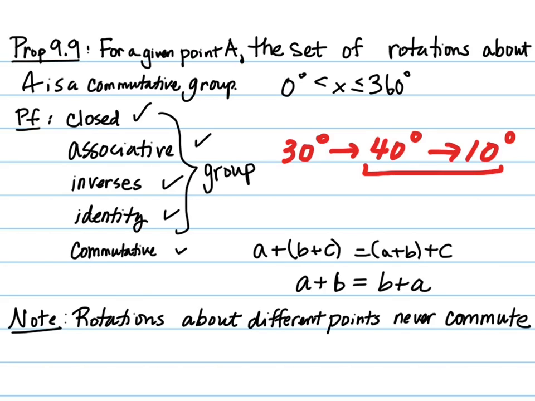It's unique that, as we talked about on the last one, it's about the same point A. A is still the rotation center, the turn center that we're talking about, and not a different turn center.